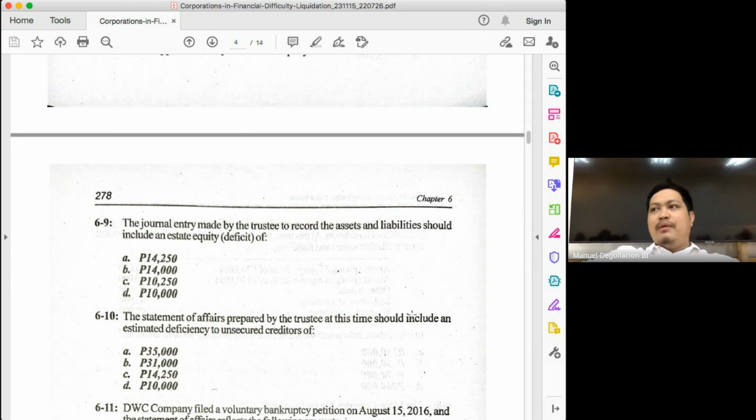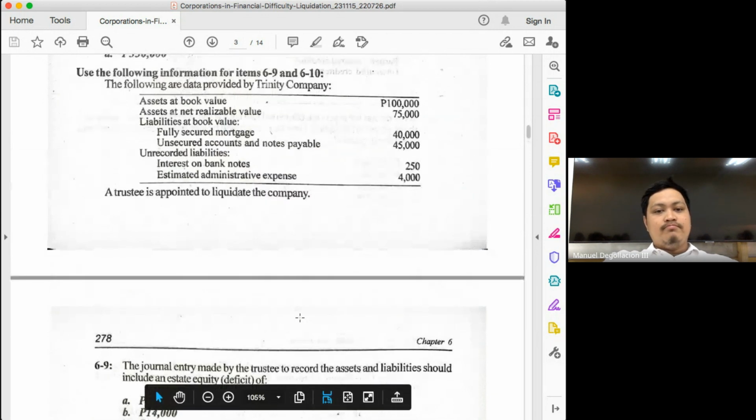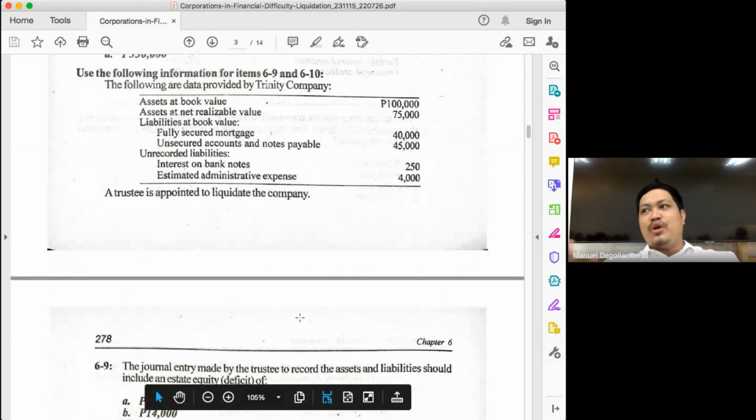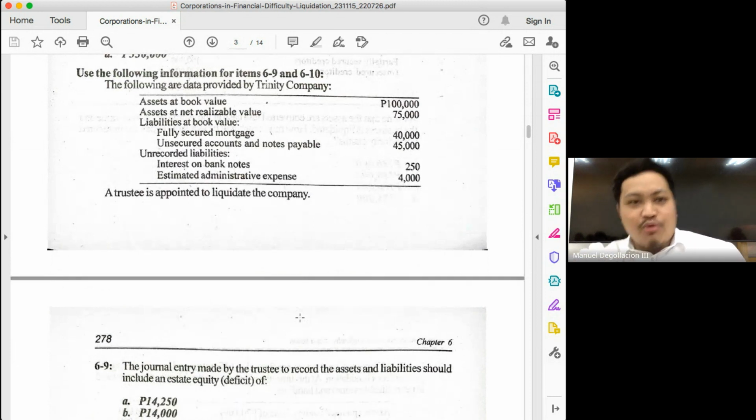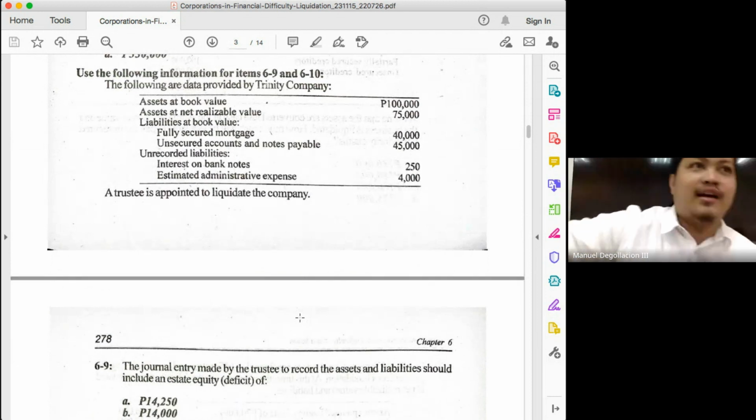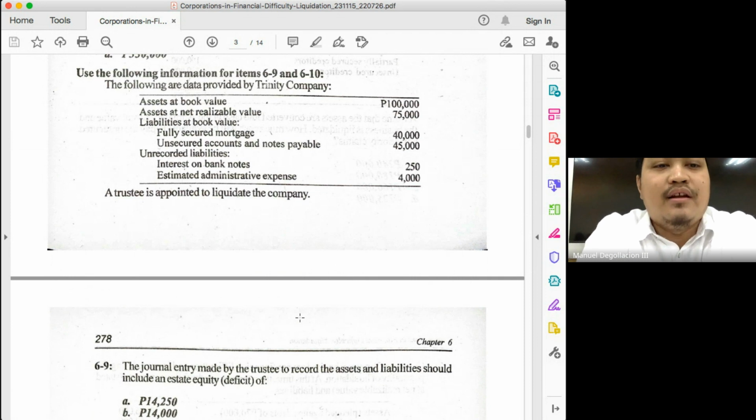Alternative solution to problem 6-9, class, is by starting at the book values and then by recognizing impairment losses and additional expenses. What do I mean? In solving for negative equity, you can start with the book values. How much is the assets at book value, class? 100,000.